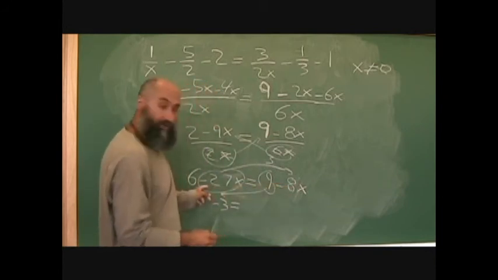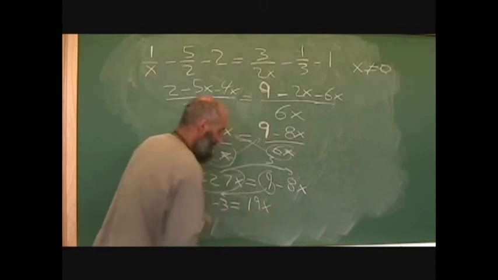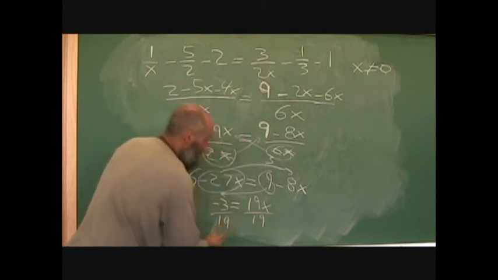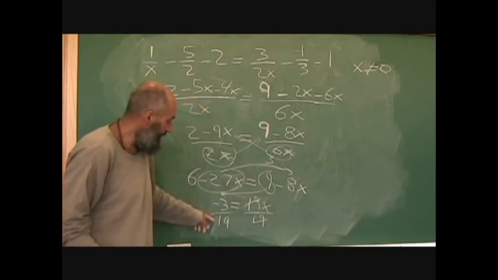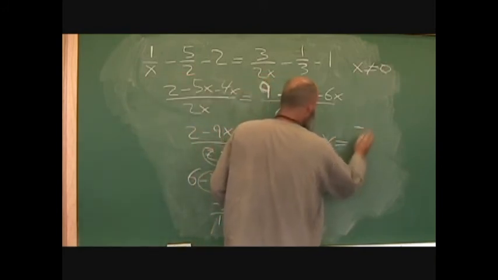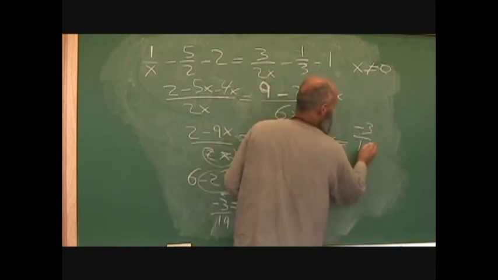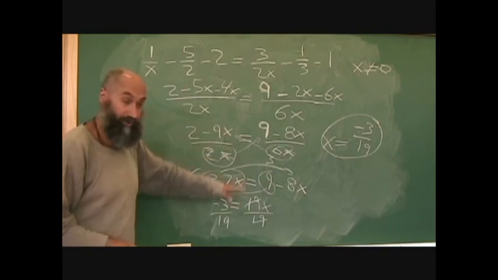Negative 8x plus 27x is going to be 19x. And divide by 19. So x is equal to negative 3 over 19, right? Negative 3 over 19. And that's our solution using cross multiplication.